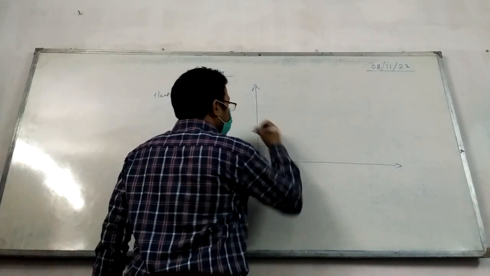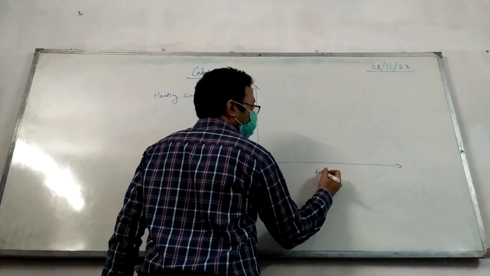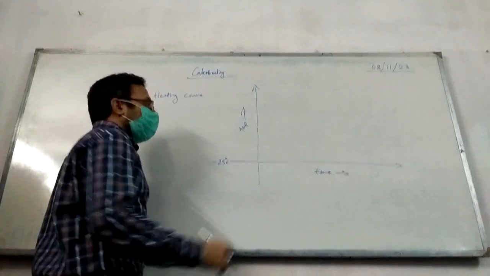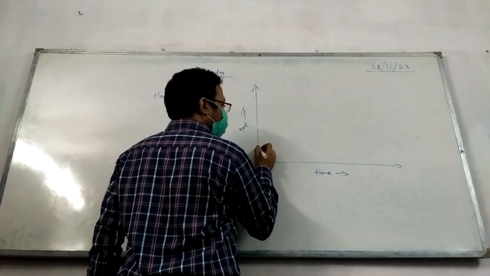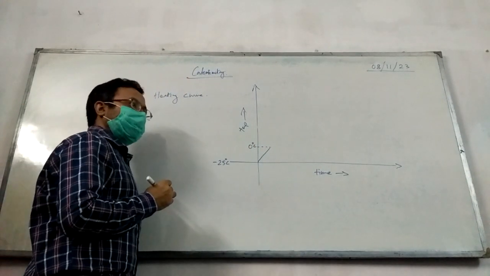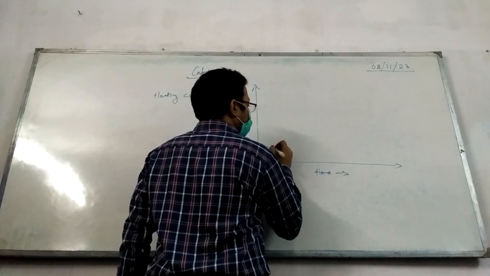So this is a temperature time graph. On the y-axis we plot temperature, and the x-axis we plot time. So when you start heating, you'll see the temperature of the body will rise up to what temperature? 0 degrees Celsius. Once it reaches 0 degrees Celsius, the temperature rise will stop.